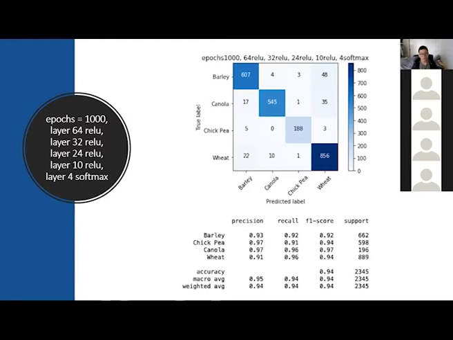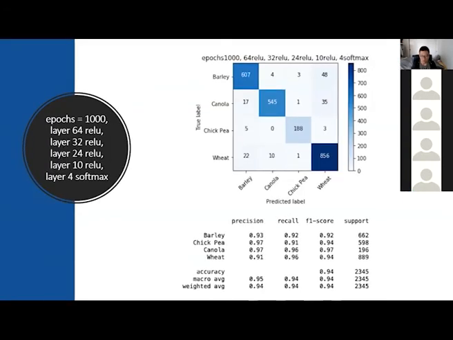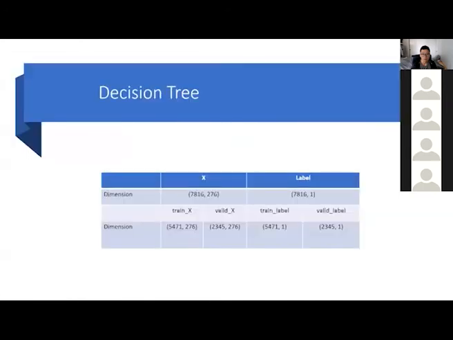Here's another example from the results. I just compare these last two results here. Another way I use to train this data set is called decision tree. It's another machine learning algorithm to do the classification, also for the same data set.